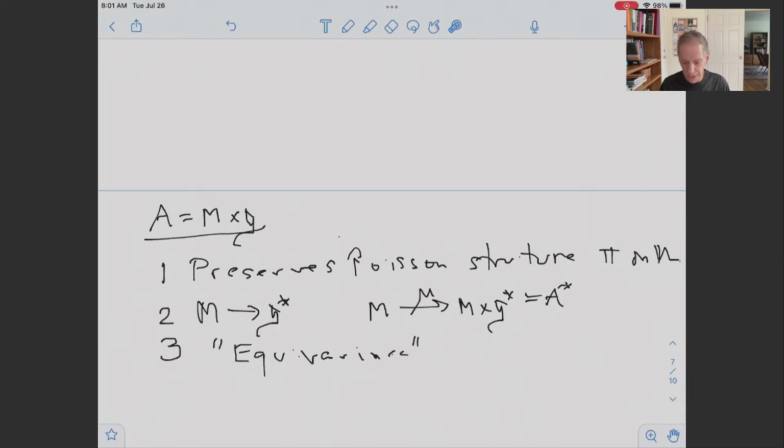So these are three increasingly restrictive conditions on an action. In the first case, we say it's a Poisson action. In the second case, we say it's a weakly Hamiltonian action. And in the third case, we say it's a Hamiltonian action.